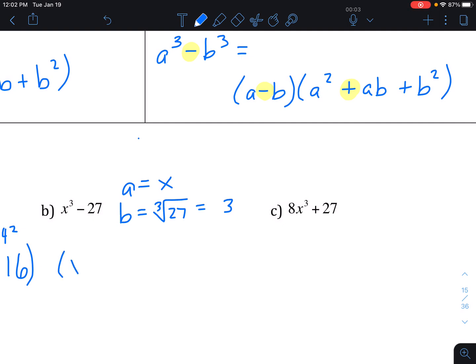So A minus B, parentheses, A squared plus A times B, that would be x times 3 is 3x, plus the B squared, so that's 3 squared is 9.